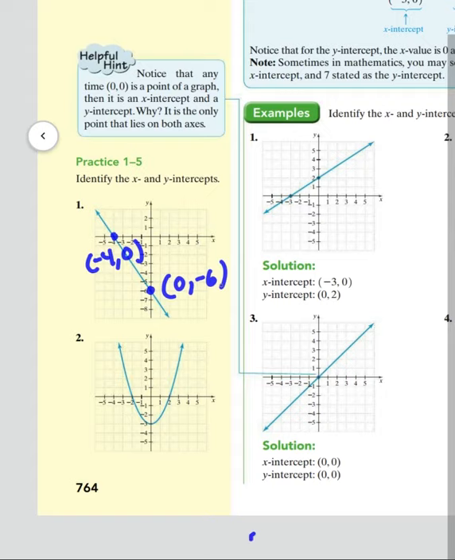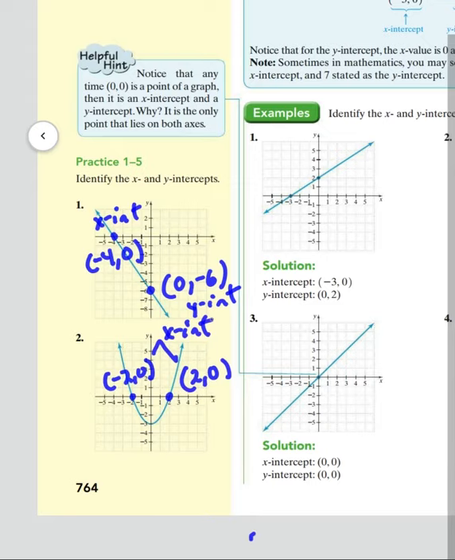That's all there is to it. This one would be an x-intercept. This one would be a y-intercept. If we look at the other graph, we see one right here at -2, 0, and we see one right here at 2, 0. Those are both x-intercepts. And then right here is where we have our y-intercept of 0, -3.